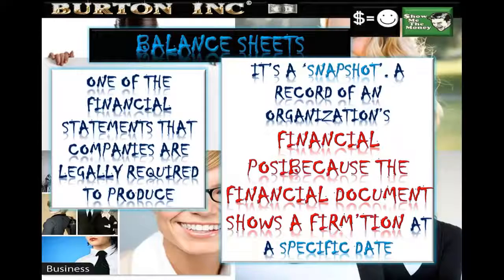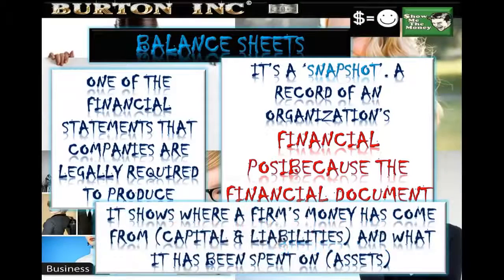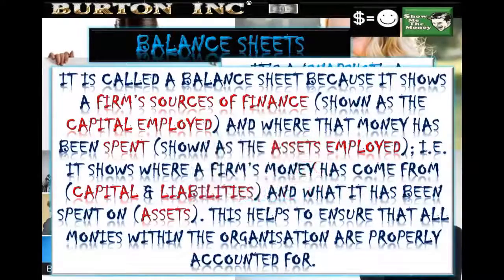A financial document showing a firm's financial information at a specific date. It shows where a firm's money has come from in terms of capital and liabilities and what it's been spent on, so assets. A balance sheet, because it must balance, funnily enough, shows the firm's sources of finance, and this is capital employed.